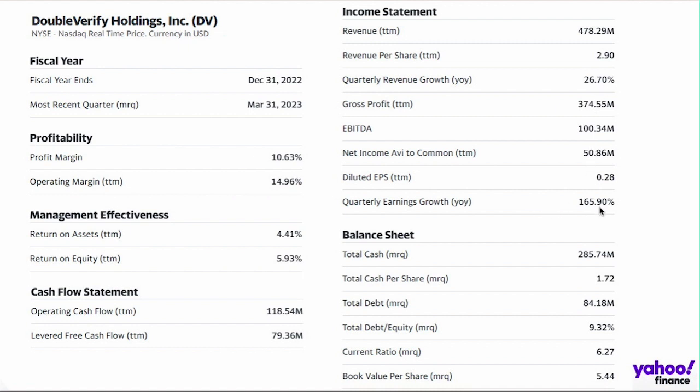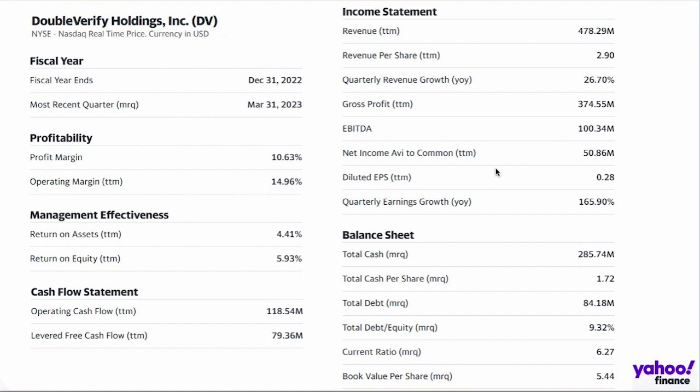Earnings growth is very strong, a 166% increase year over year for their quarterly earnings. Total cash, they've got about 300 million in cash. They do have some debt, not a heck of a lot. It's okay. Current ratio, very healthy. This company really has good numbers.